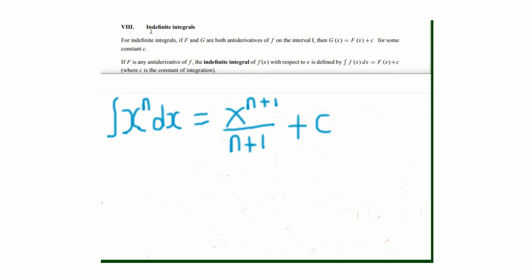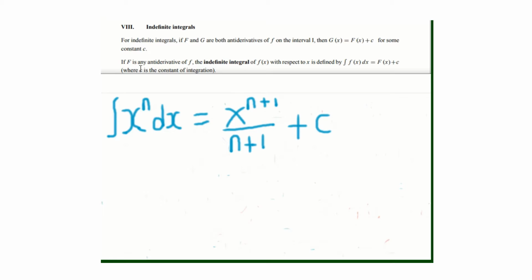So the indefinite integral: if capital F and g are both antiderivatives of f on the interval I, then g of x is equal to F of x plus c for some constant c.